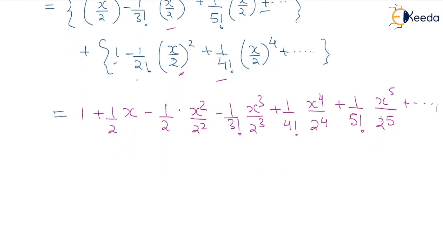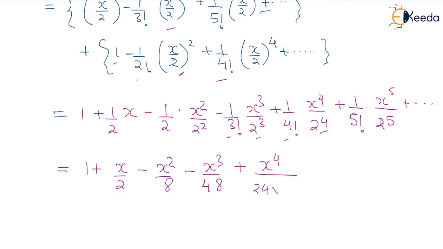In case they have anything more, like maybe if the options are given like that, yes, we can write it like this: x by 2 minus, so 2 square is 4 and 4 into 2, so this is x square by 8, minus 2 cube is 8 and 3 factorial is 6, so minus x cube by 48, right? 8 into 6. 2 to the power 4 will be 16, and this is 24, so 24 into 16, and likewise higher terms.